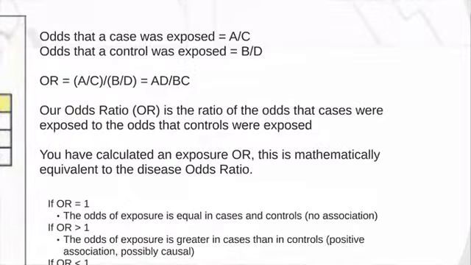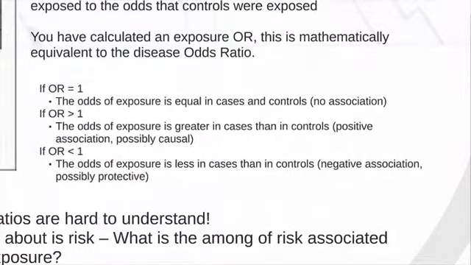In the same way we dealt with relative risk, the null value, or the no association value, for odds ratios is 1. If an odds ratio ends up being 1, that means there is no relationship between our exposure and our outcome, because the odds of our cases being exposed was the same as the odds of the controls being exposed. So you divided the number by itself and it turned into 1.